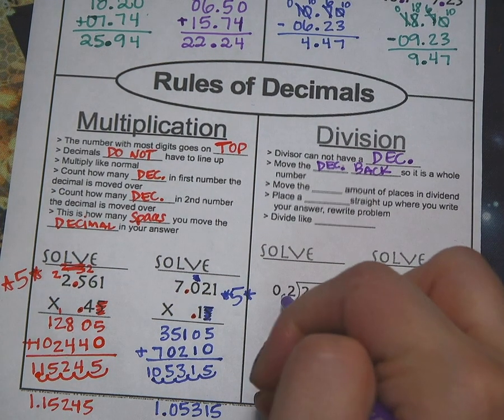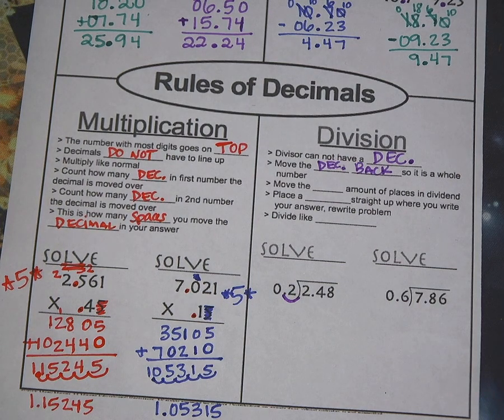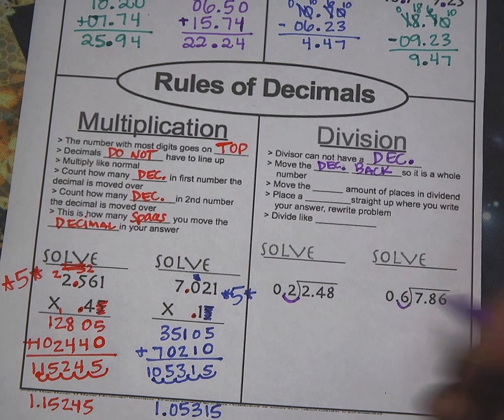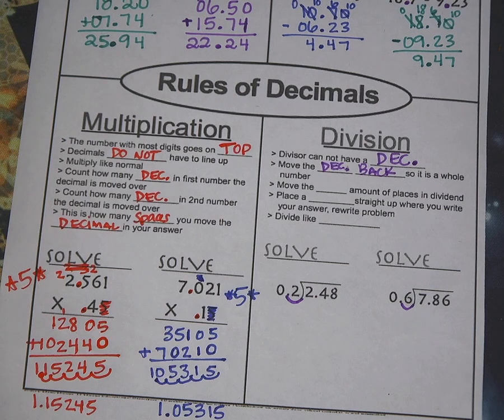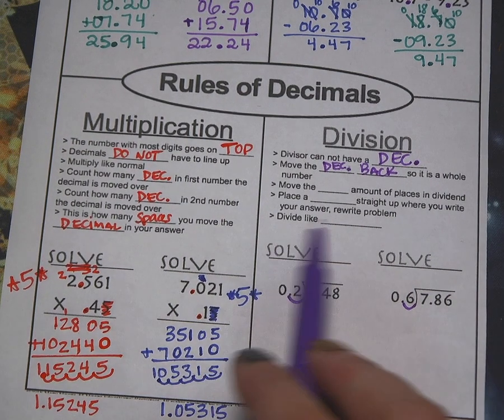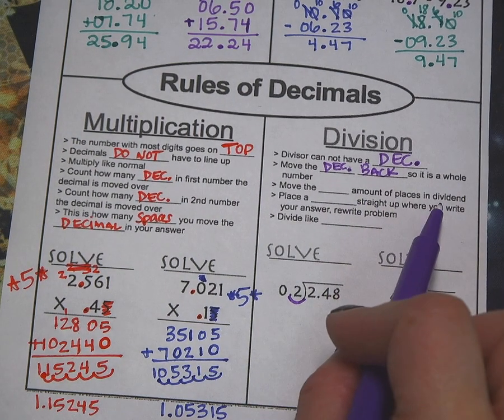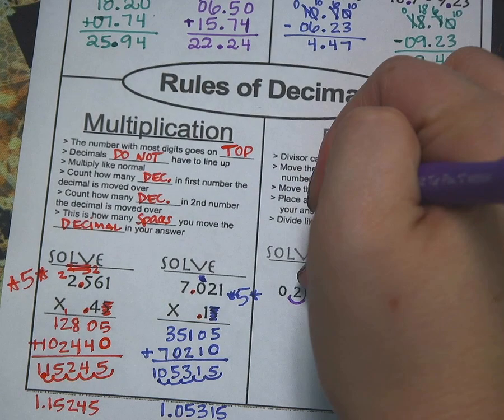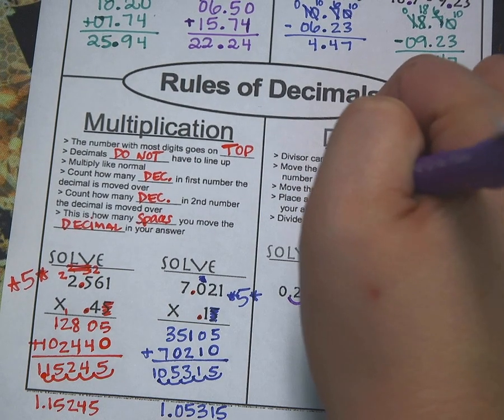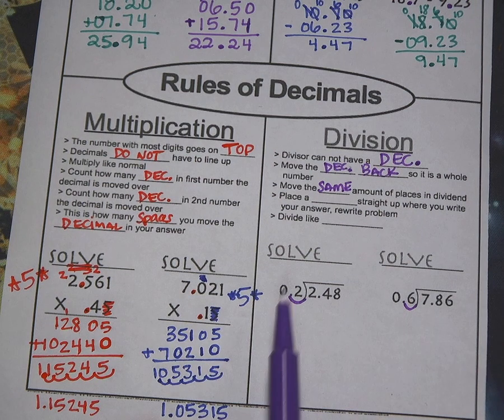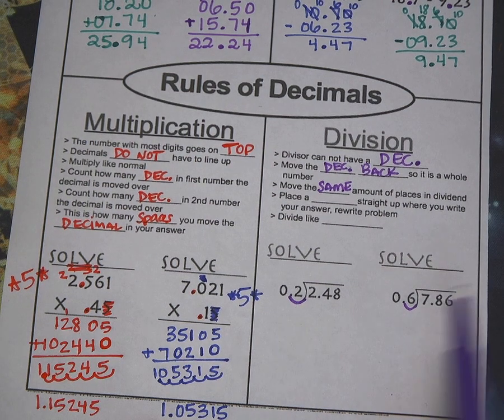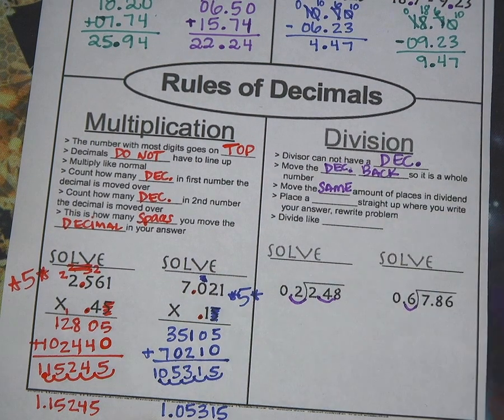So you can see here I'm going to move it back once, so now it's just a 2. And here I'll move it back once, and now it's just a 6. Okay? So you move the same amount of places in the dividend. So you have to make them match. So if I did 1 hop outside, I'm going to have 1 hop inside.